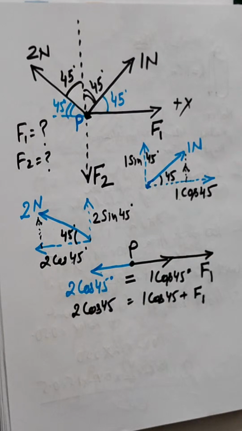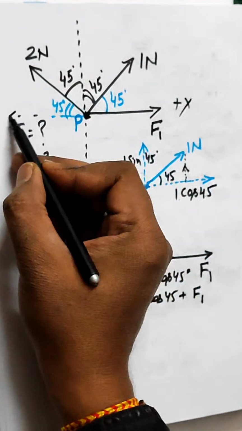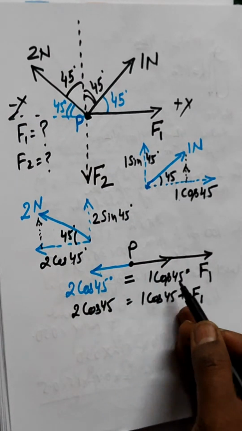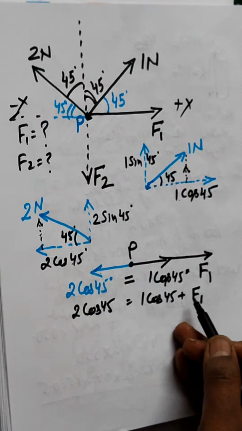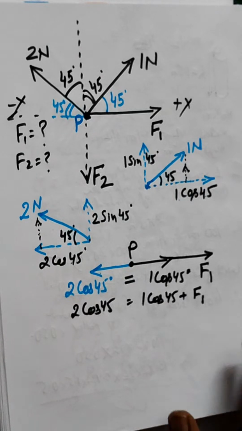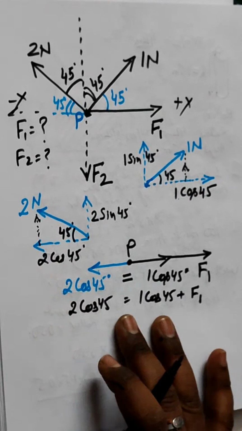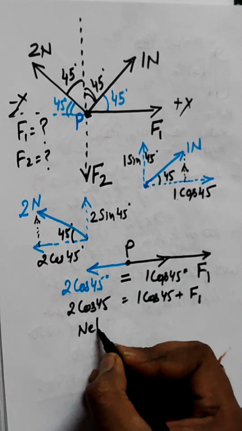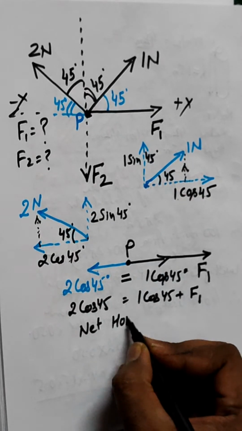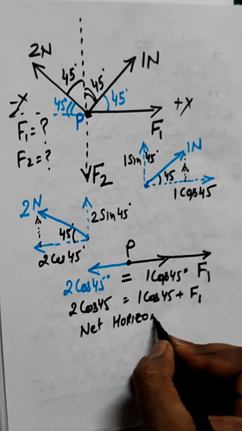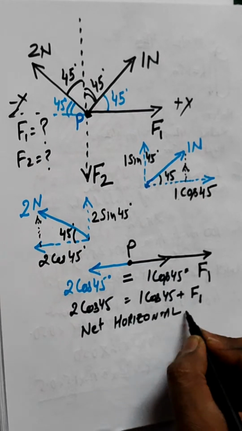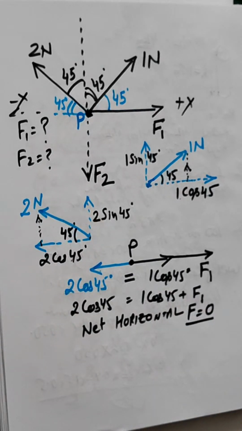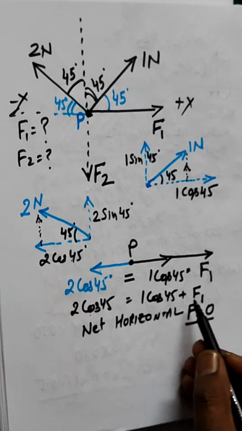So this will be compensated by the total forces acting in the minus x, right? So equating horizontal components of forces, the net force acting horizontally will be 0. So we considered the net horizontal force equal to 0, right?